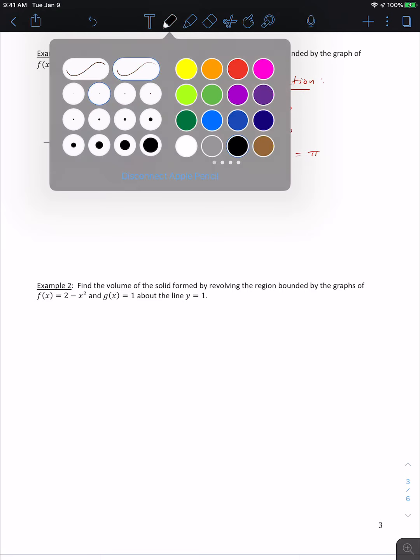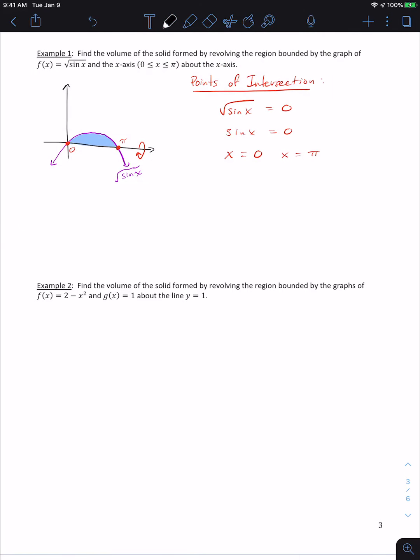And now it's just a matter of determining what our radius function is. So we need to find this solid of revolution, so we put our little rectangle here in. And now this rectangle will help us determine our radius, because remember, the height of this rectangle is our radius.